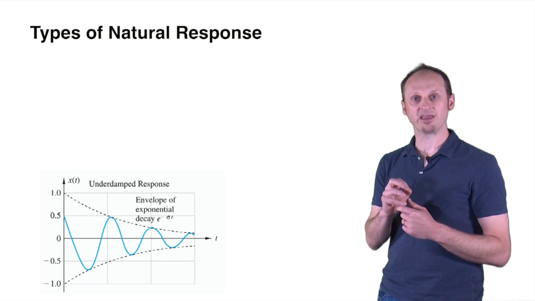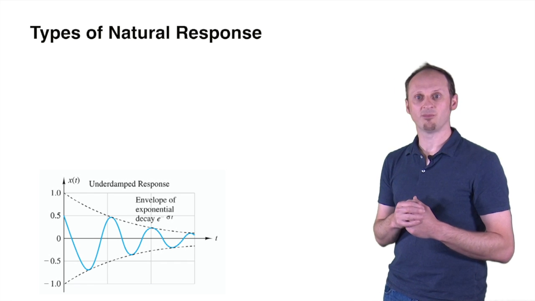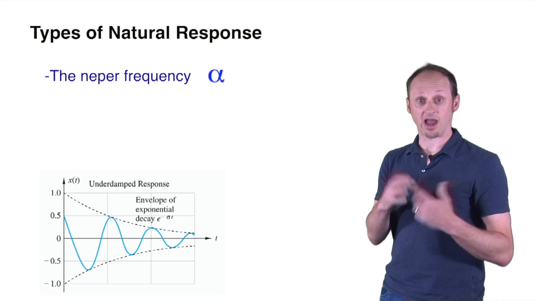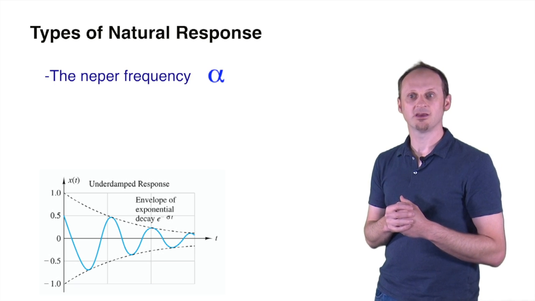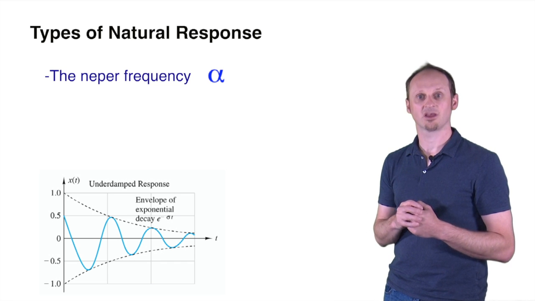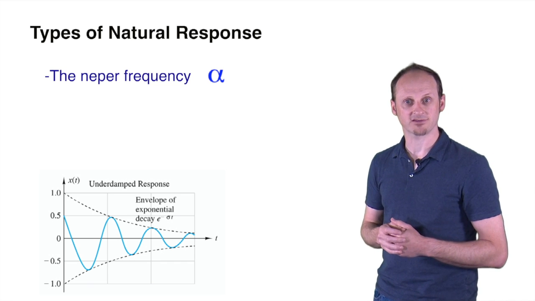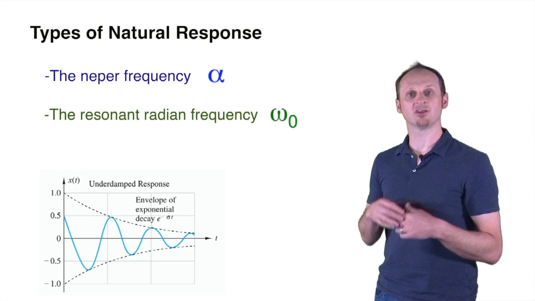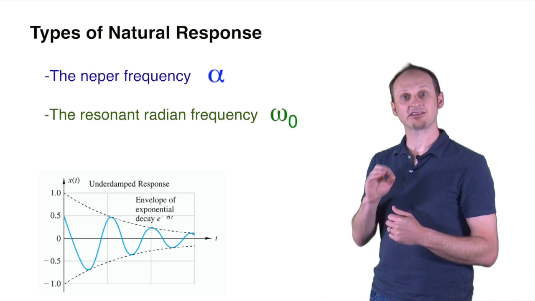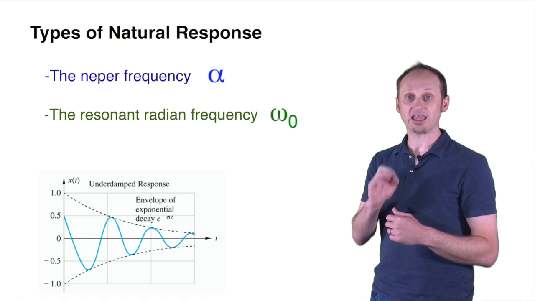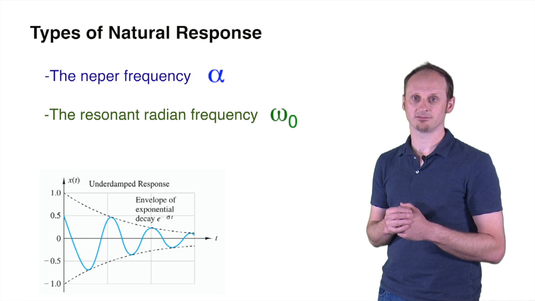The oscillatory behaviour is dictated by several things. The Neper frequency, or alpha, as we've seen already, determines the rate of decay of the oscillations. It's also referred to as the damping factor. The resonant radian frequency, omega naught, is known as the natural frequency, and that determines the oscillation frequency if there was no damping present.